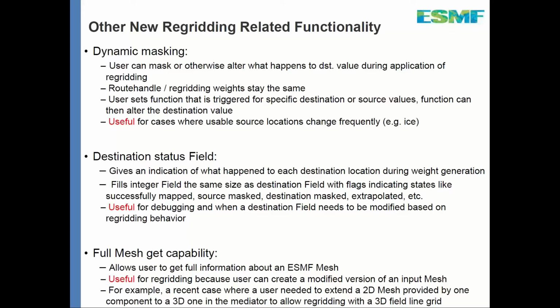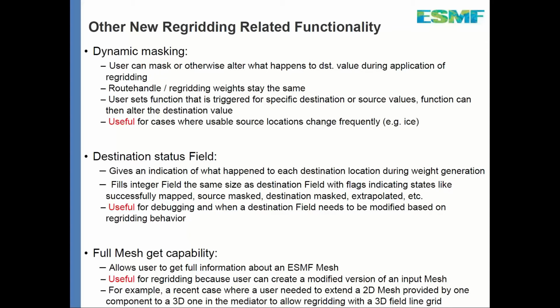Another set of capabilities that we brought in is dynamic masking. We've had static masking for a while, where you can tell the regrid code to not use a certain portion of the source mesh, or not regrid to some part of the destination mesh. But often you can have things like an ICE component where bad values are changing in the source grid, or you don't want to write to some changing set of points in the destination grid.